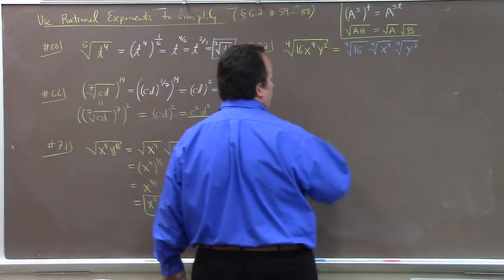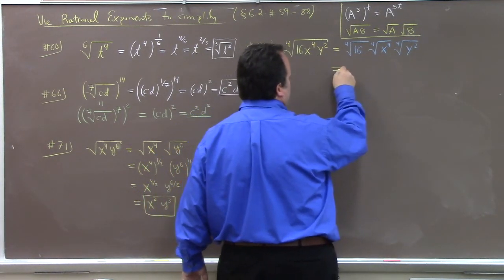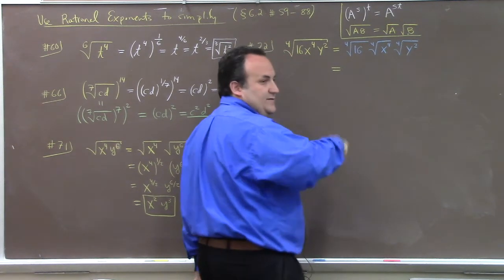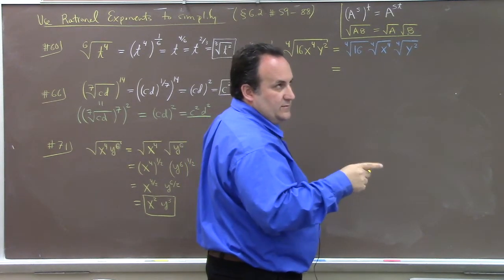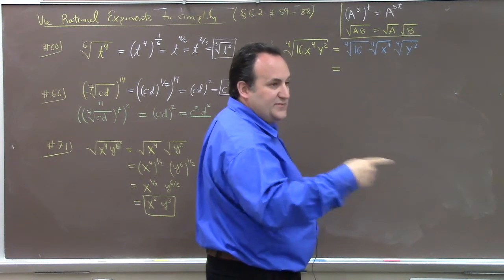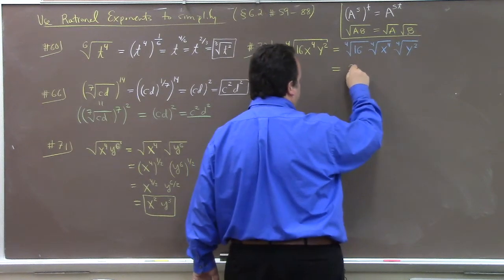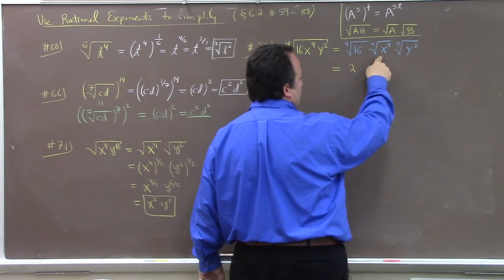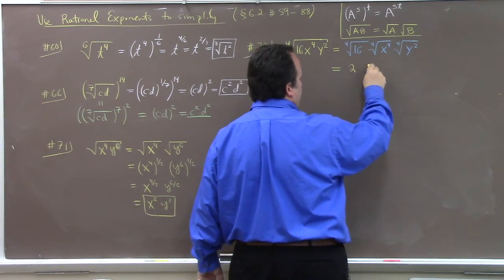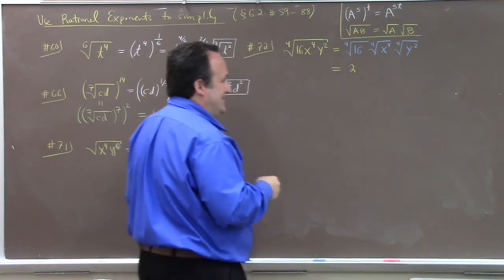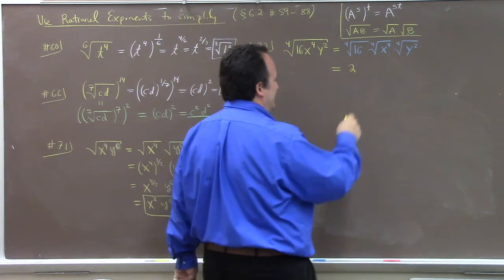Okay, so the 4th root of 16 is, well, 2 times 2 times 2 times 2. Anyway, 4 2's multiplied together gives you 16. So that's 2. The 4th root of x to the 4th, that's x. Ooh, but is it x? It's not x, is it? It's actually the absolute value of x.